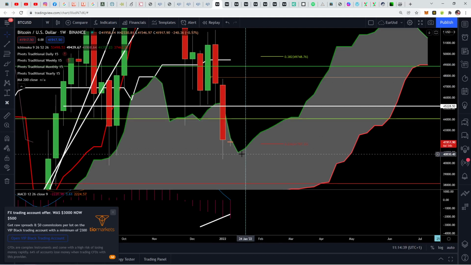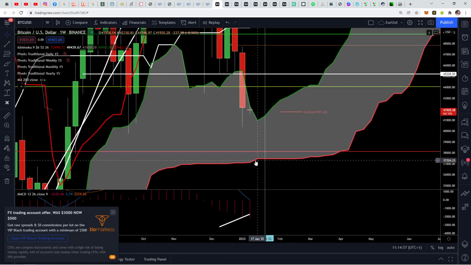So if we have a bullish close this week, and then next week we actually close inside of the cloud again, I'd say that will be short-term bearish, and we are likely to see a move down towards the lower end of the cloud, which is approximately 37,500.